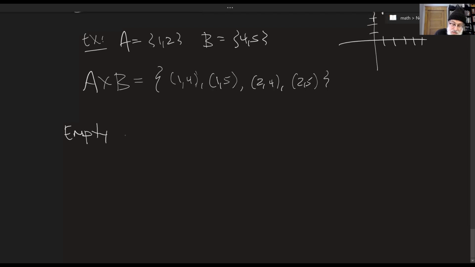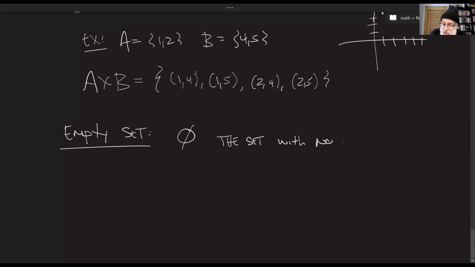And this, there's not a ton to say about it. The empty set, which we symbolically denote this way, 0 with a line through it, or O with a line through it. This is the set with no elements.